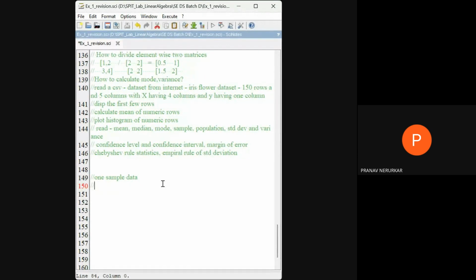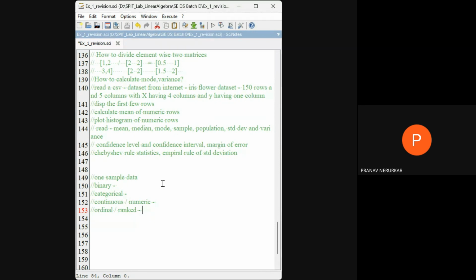In this one sample data, we have four tests: when data is binary, when data is categorical, when data is continuous or numeric, and one when data is ordinal or rank.